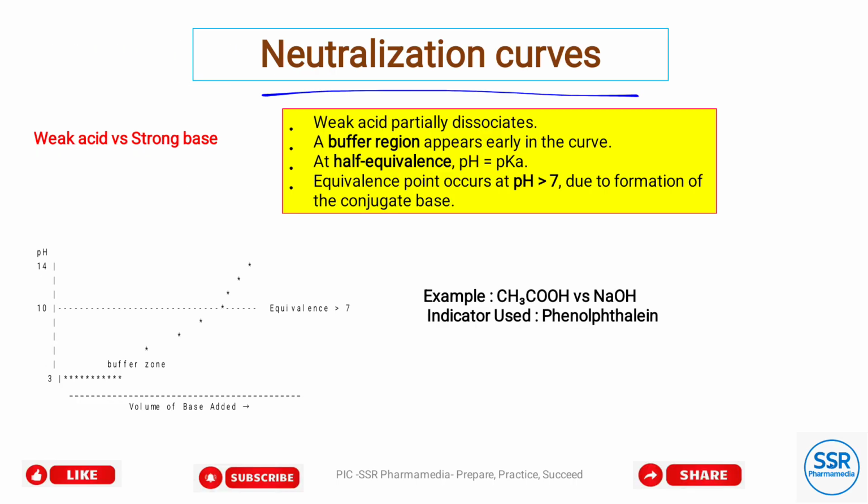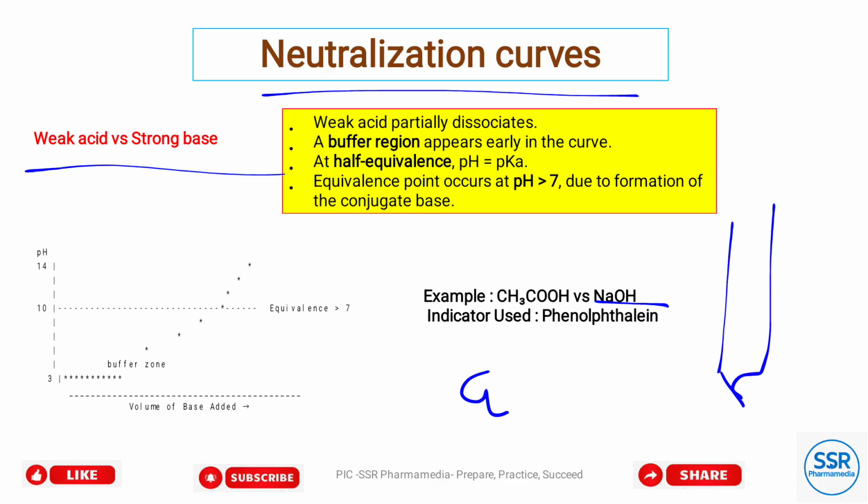Next, the neutralization curve for weak acid versus strong base. Here the weak acid example is acetic acid, because acetic acid partially dissociates into H plus ion, and the strong base example is NaOH.